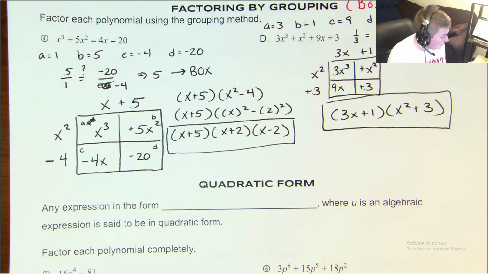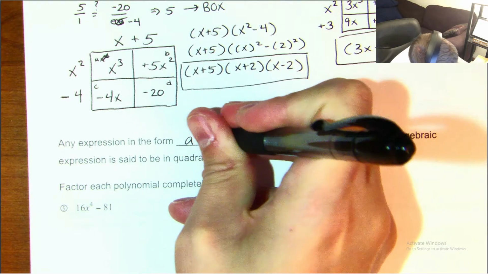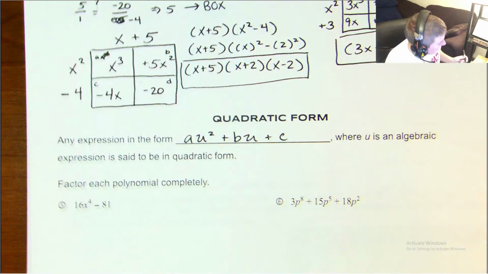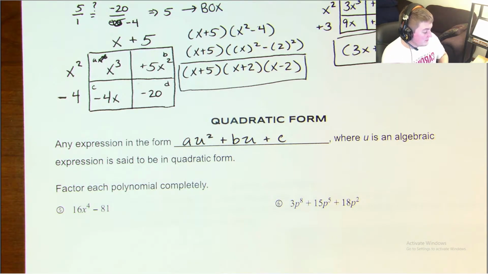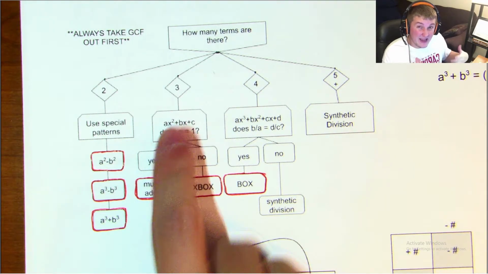So what we're going to do now is deal with things that are in quadratic form. Any expression in the form a u squared plus bu plus c, where u is an algebraic expression, can be factored in quadratic form. What that means is, for example, on my cheat sheet I have x squared and bx.